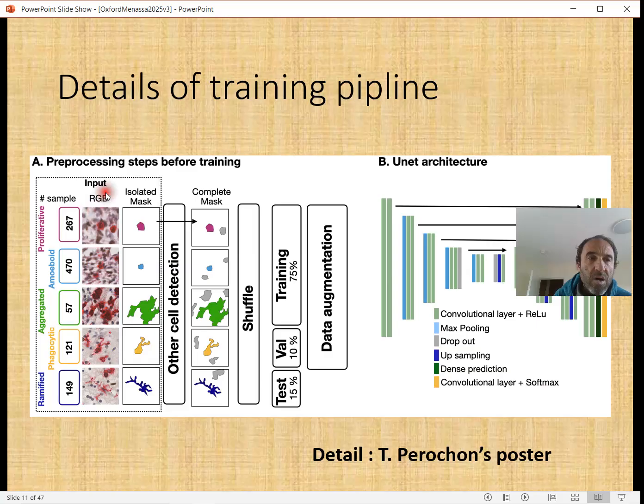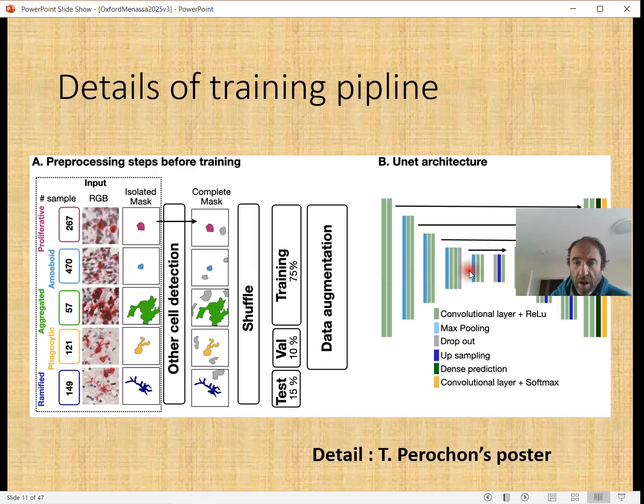So now you can use this training based on a certain number of cells, a few hundreds, with the mask. And of course, there are a certain number of steps. But basically, you train your algorithm based on 75% of your data sets, you leave 10% for validation and 15% for the test.